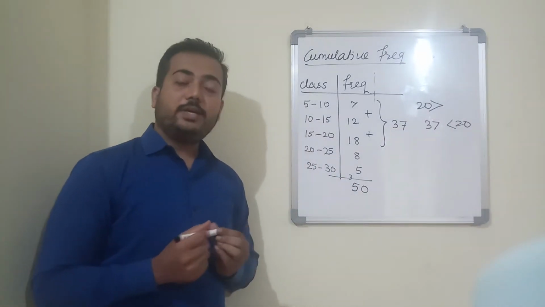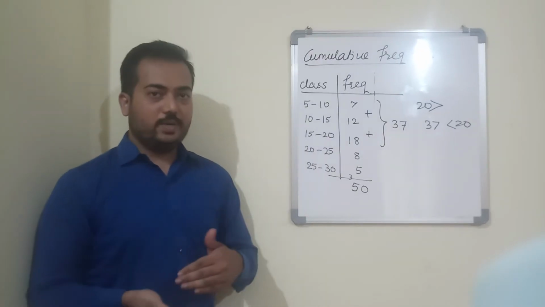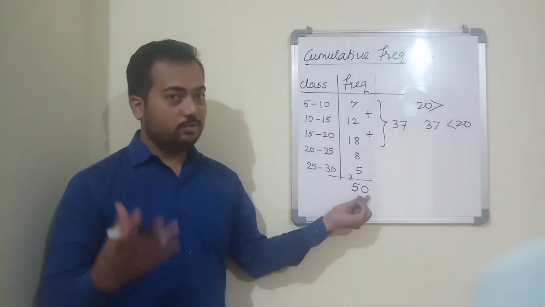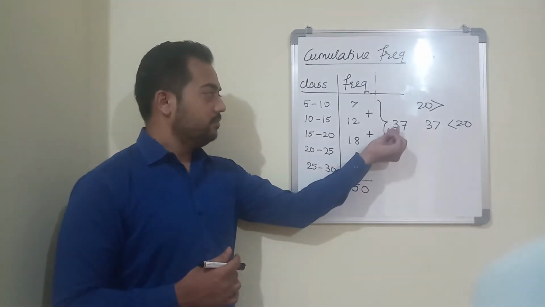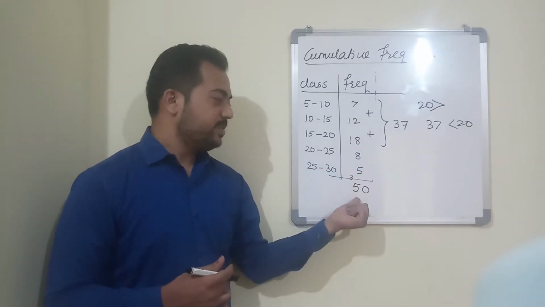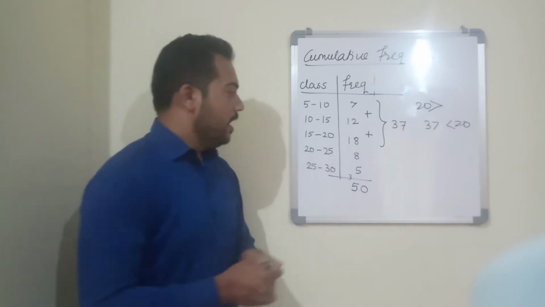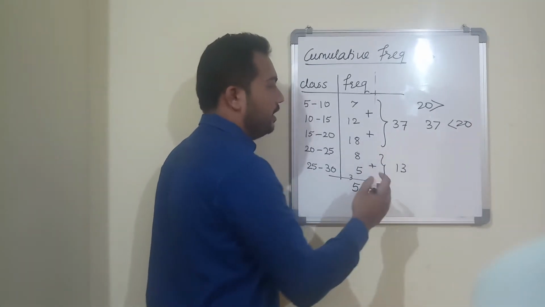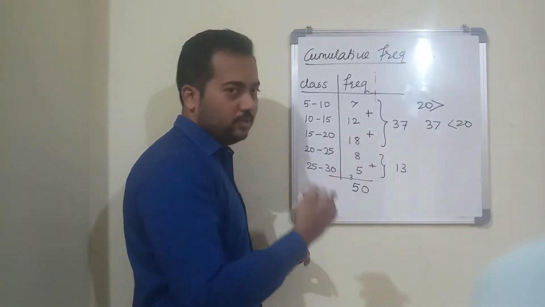Now how will you calculate the values which are more than 20? It's very clear. We know there are 50 total values, and if you subtract 37 from 50 you get 13. Also if you add these two, 8 plus 5, that is 13. So there are 13 values which are more than 20.